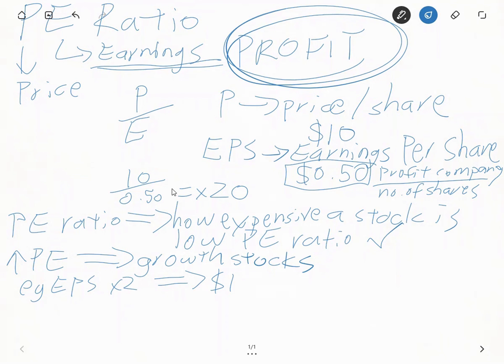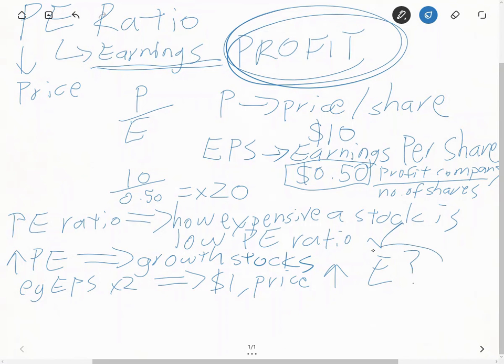So what you would actually expect to balance this out is you would also expect the price to increase, right? If a company doubled its earnings, then you would expect its share price to go up. Okay? So what actually happens is people start to try and predict what the earnings are actually going to be.